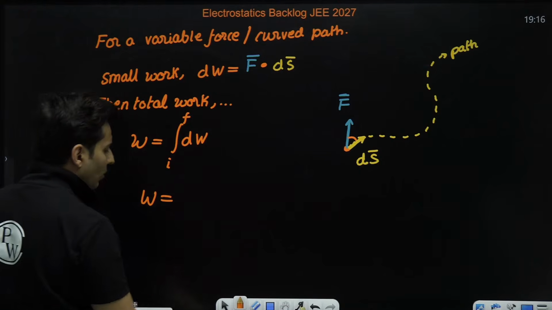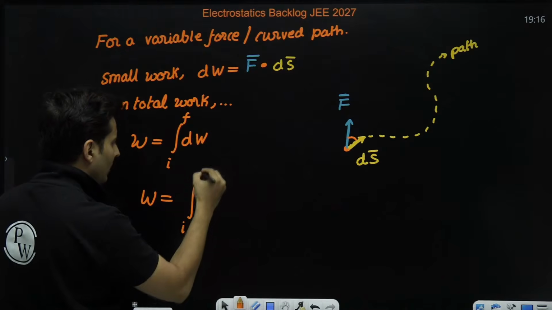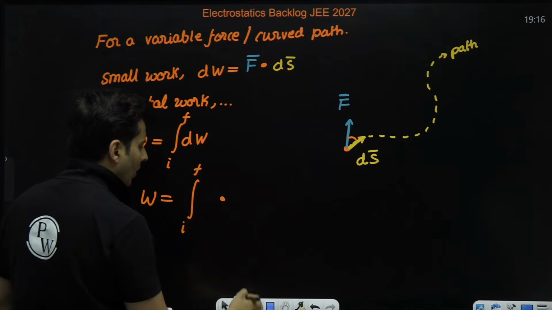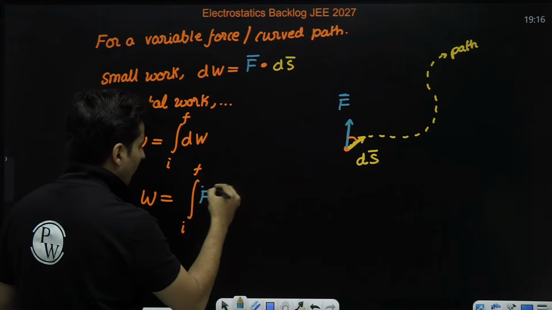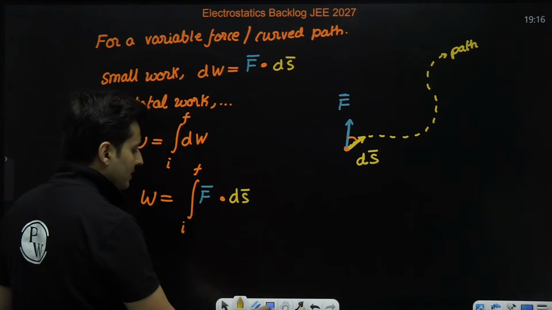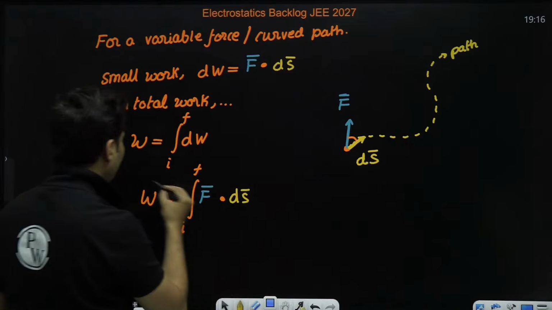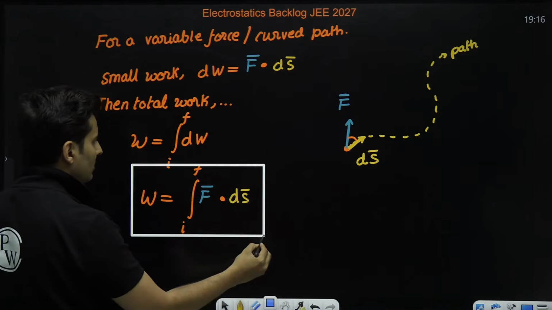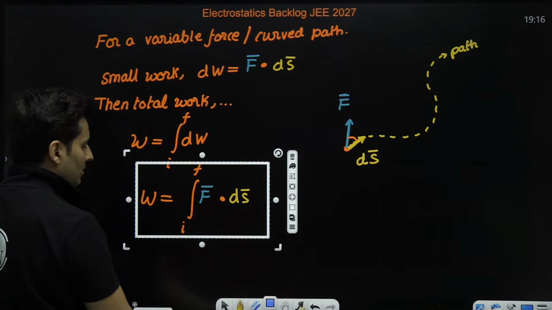So my total work done will be the integral from initial to final of the force dot product with the displacement, F dot ds. Is that right, everyone? Everybody with me on this? Yeah, this is how the logic is.